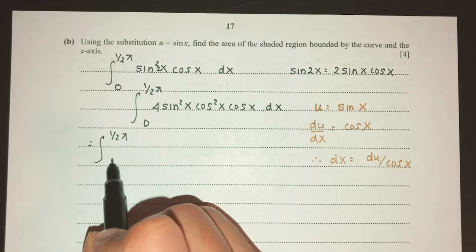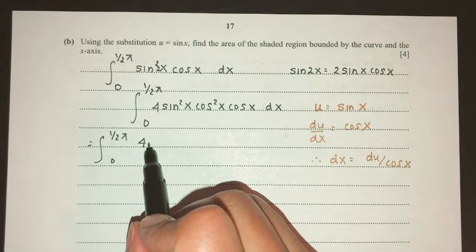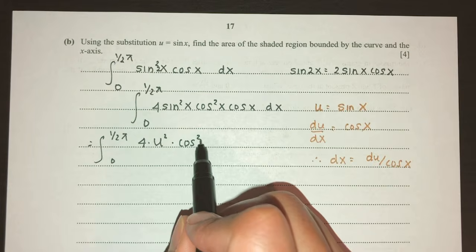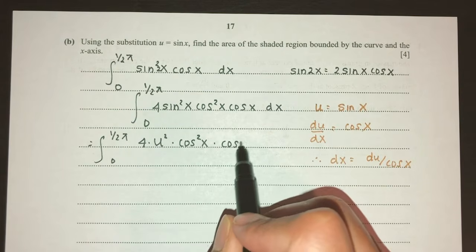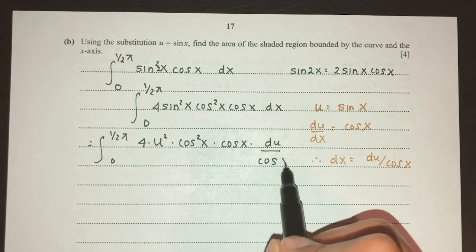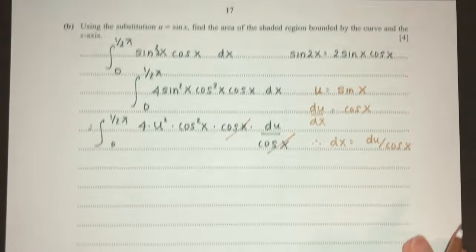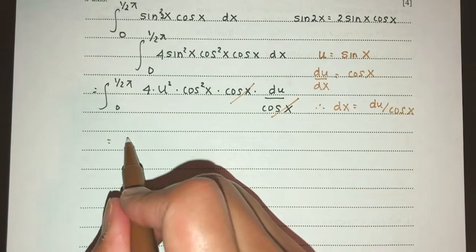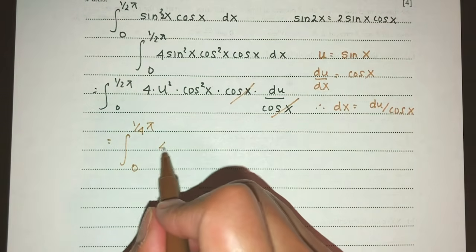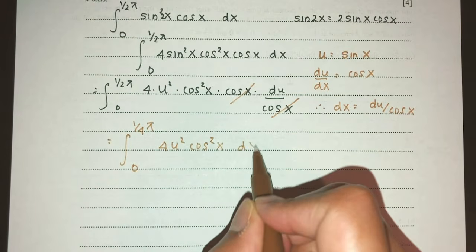Here we have 4 sine square x, which is u square, cos square x we don't know yet, and times cos x times dx, which is du over cos x. So you can see that we can just cancel out these two. So your value will be remaining as the integration of 4u square cos square x du.